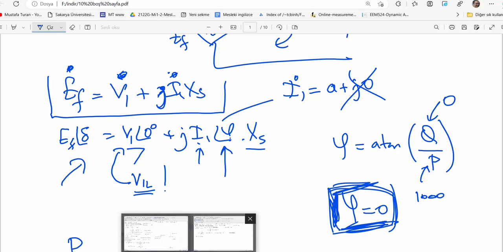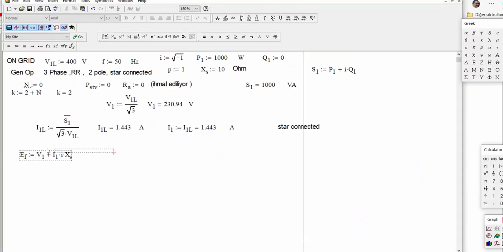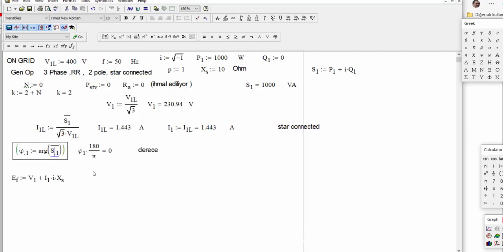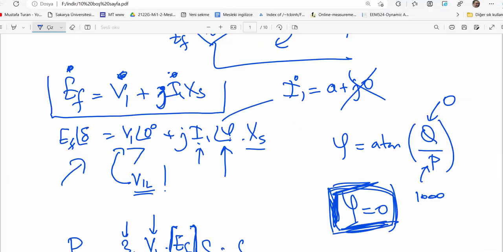Okay, let's summarize what we have done. We need phase displacement. Phase displacement is the argument of the conjugate of apparent power. That means conjugate, or otherwise you should interpret the sign of the phase angle.